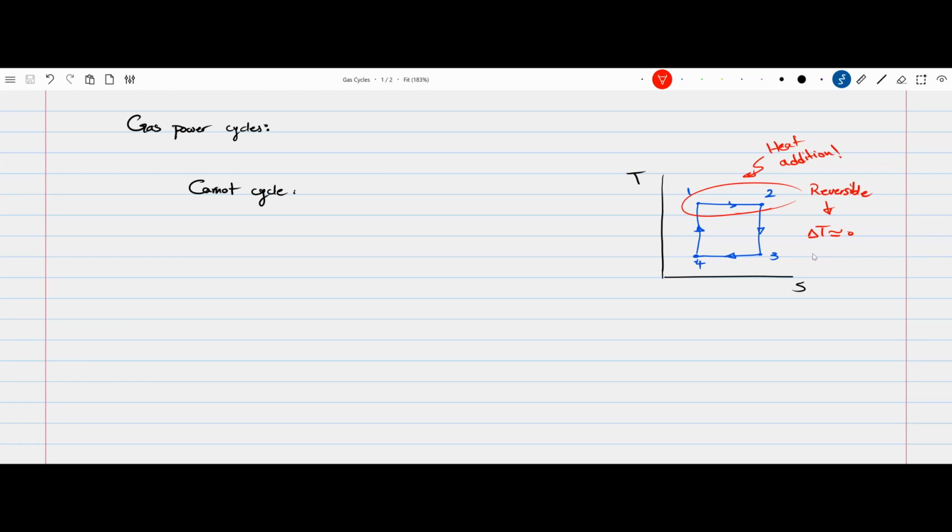From a heat transfer perspective, the higher the temperature difference between the source and the system is, the better the heat transfer rate will be. So a delta T of approximately 0 is not practical.